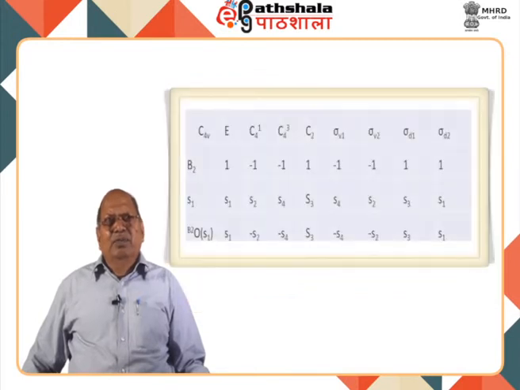Now, we make use of the transformation operator corresponding to B2 on S1, or we can make use of the projection operator, and the results on S1 are again summarized in the table.